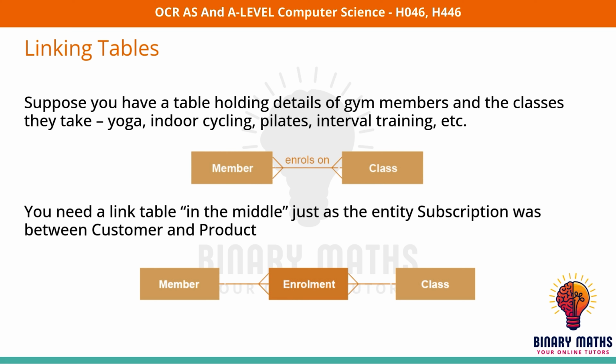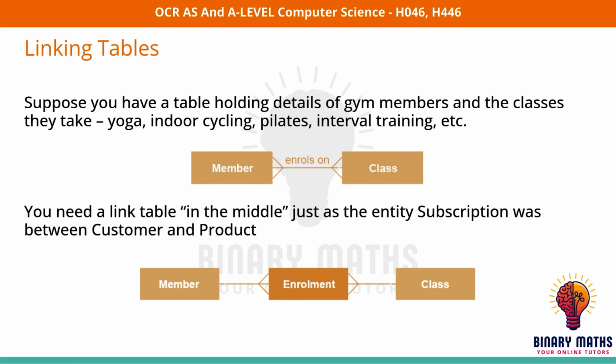For example, if member M001 attends class C101, the member classes table would store M001 and C101 in the member ID and class ID fields respectively. This allows us to easily query the database to find out which members are in which classes or which classes a particular member is attending.